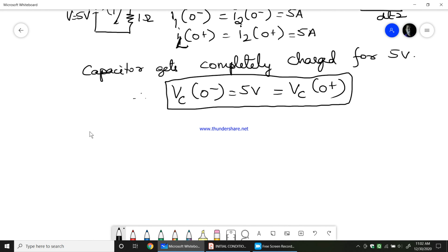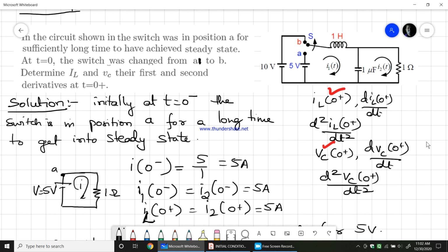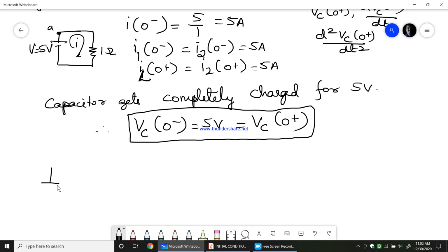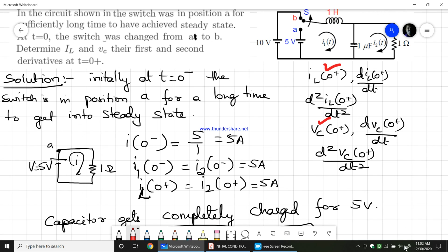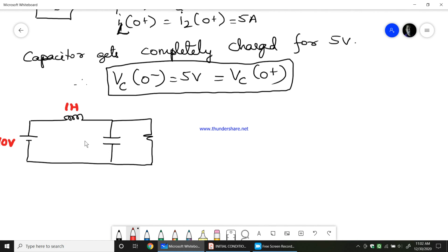This is the circuit you see when it changes from A to B. I get 10 volts, 1 Henry, and you will have a capacitor of 1 microfarad and a resistor of 1 ohm.